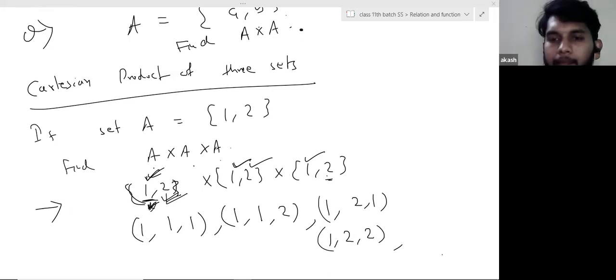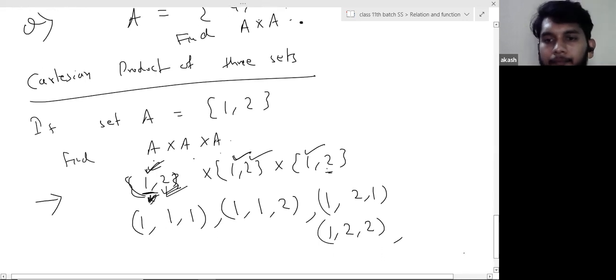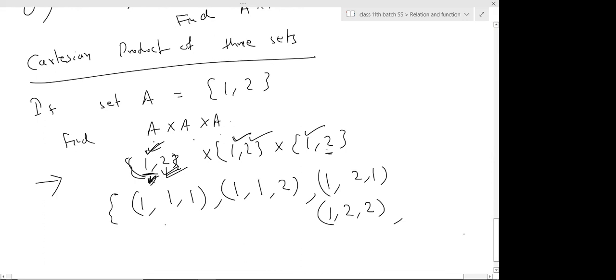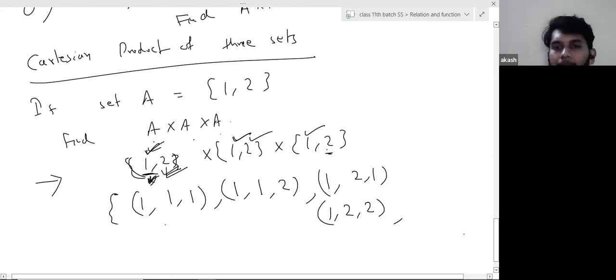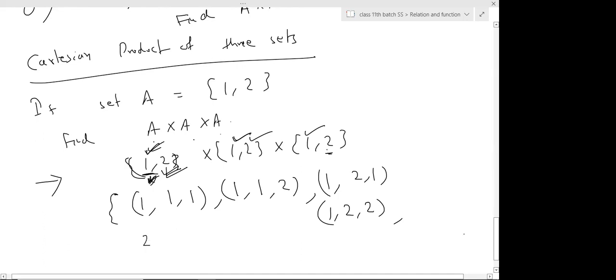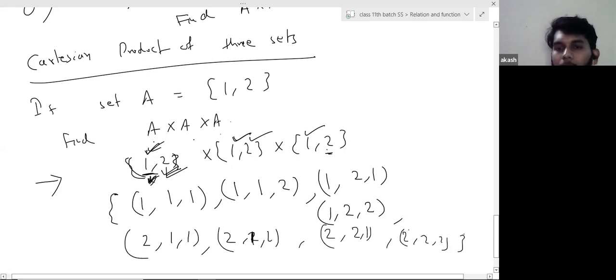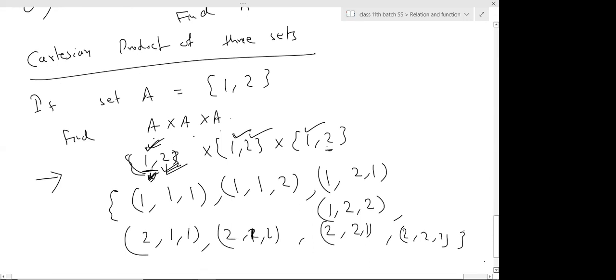Done, everyone? Now this is clear. Yes, sir. All right. So this is 2 comma 1 comma 1, 2 comma 1 comma 2, 2 comma 2 comma 1, and 2 comma 2 comma 2. All right. I hope this is clear, Fahad. This is clear. Yes, sir. All right.